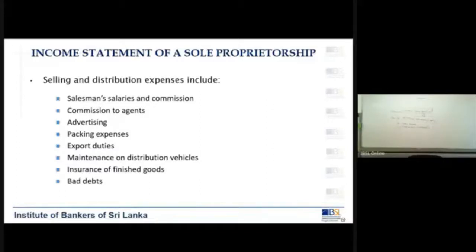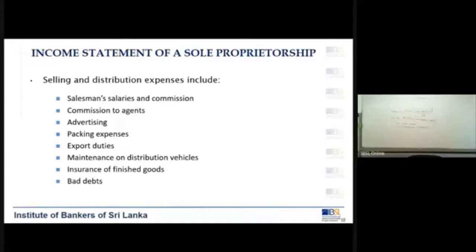Or sometimes you buy the raw product and do the packaging so that it is less cost to you. The packaged product might be more expensive, but when you buy the raw product and do the packaging, it will sometimes cost you less. So you would prefer that also. Any expenses that you incur for packing are also selling and distribution.